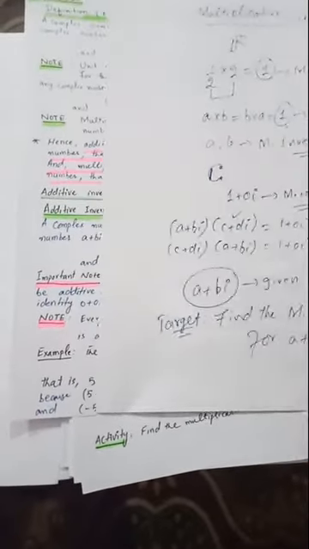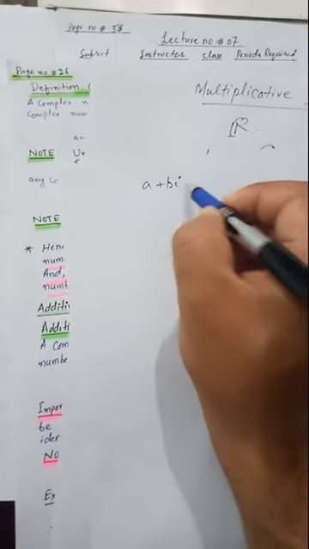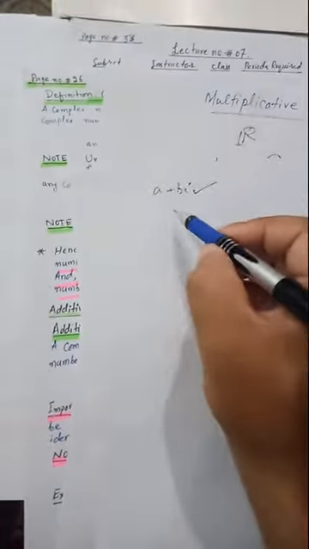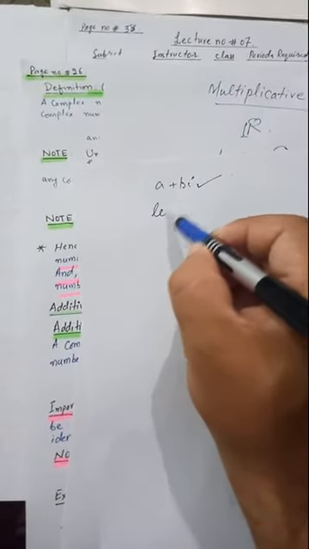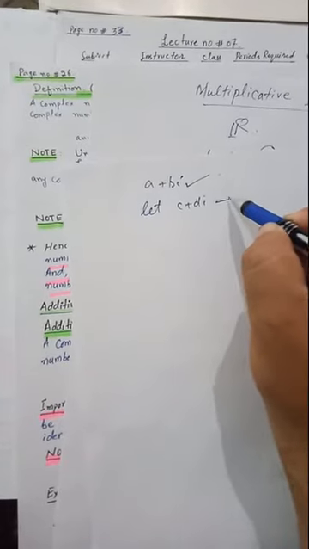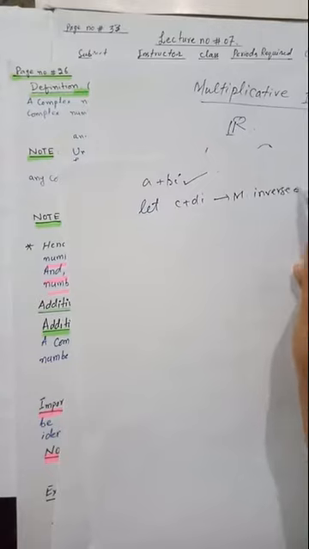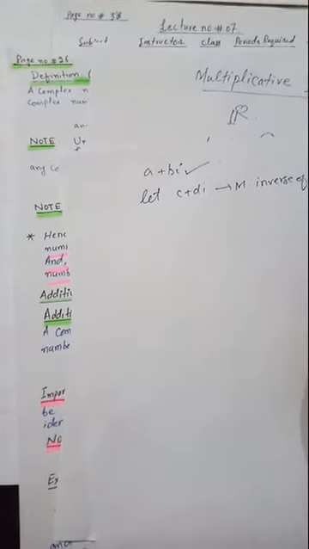According to the definition, let's say this is my given complex number, and I choose c plus d iota as the multiplicative inverse of a plus b iota.